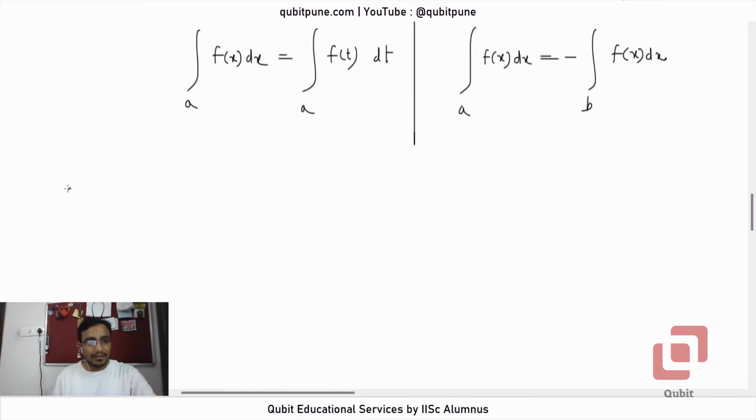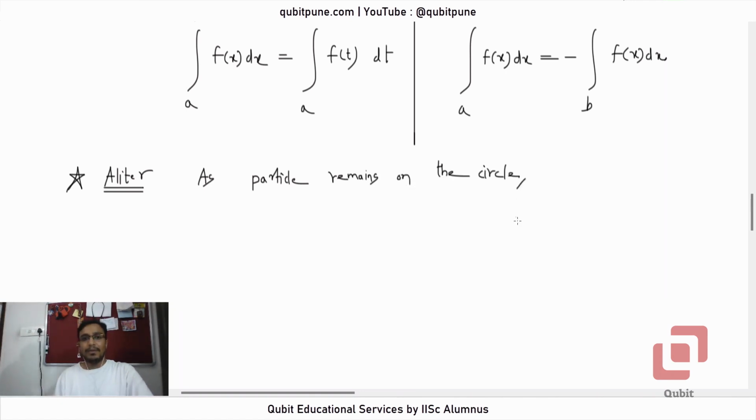So that is a smarter way to solve the problem. What is it? As the particle remains on the circle and the force is always radial, F bar remains perpendicular to dr bar.